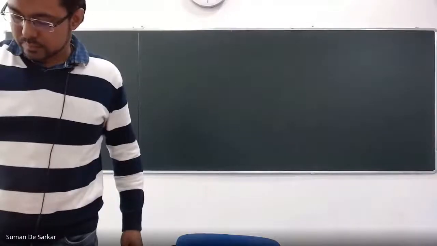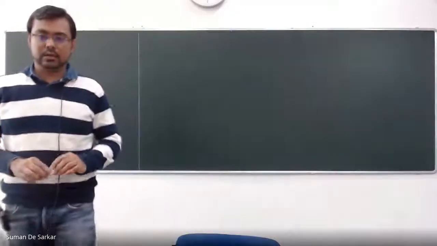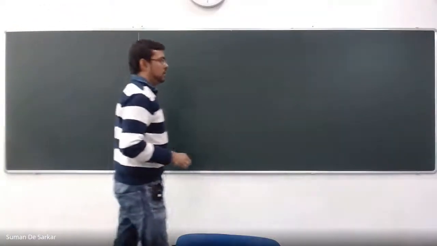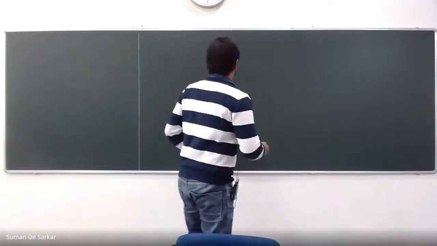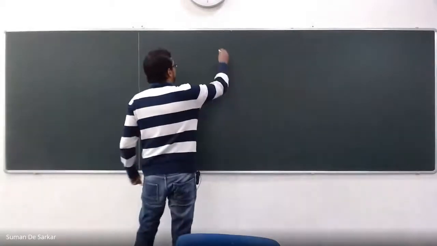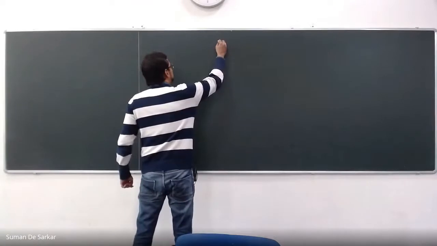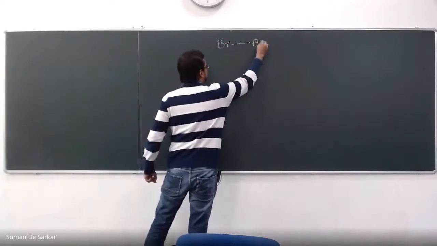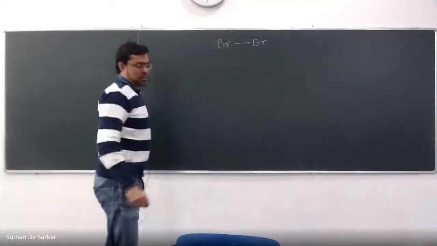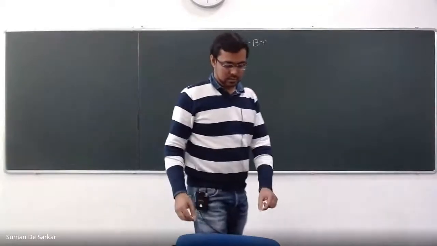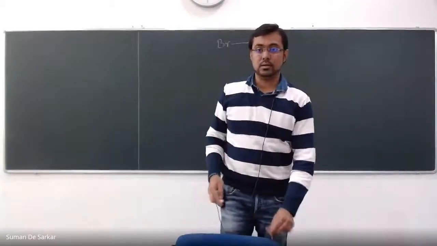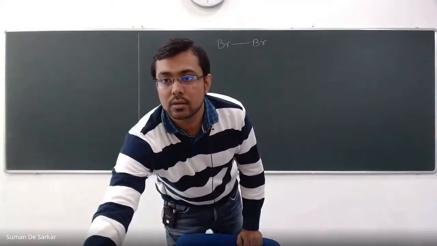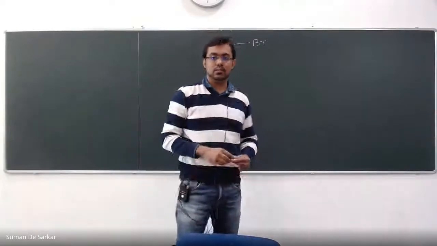As Professor Haldar already mentioned, it's a halogenation reaction, and probably you are aware of a few kinds of halogenation reactions. Because we are doing bromination, let's continue the discussion with bromine only.